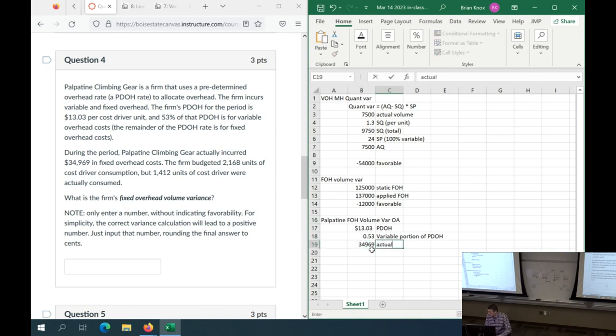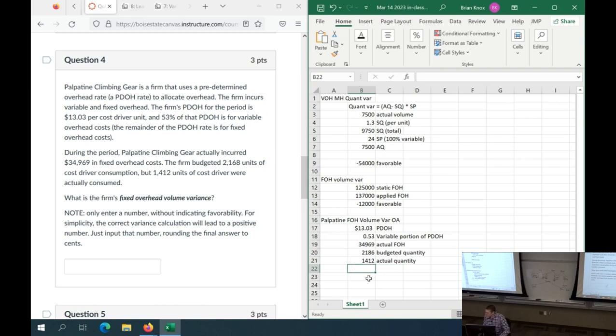That's our actual fixed overhead cost, actual FOH. We budgeted 28,186. That's our budgeted quantity. We actually consumed 1,412 units of the cost driver. It's our actual quantity.